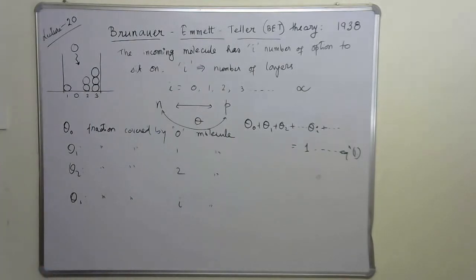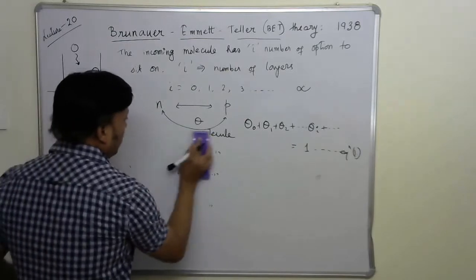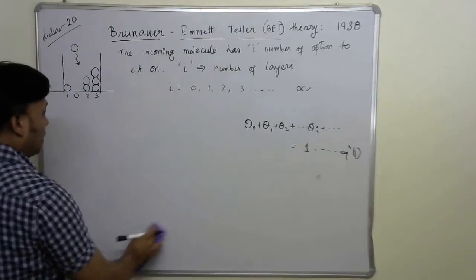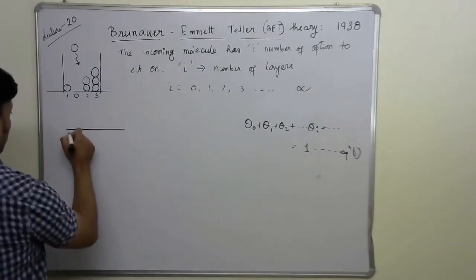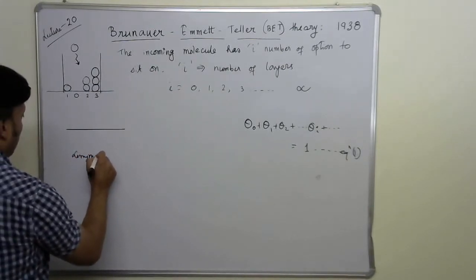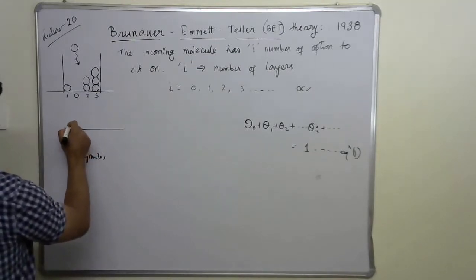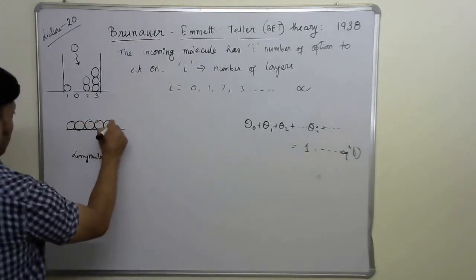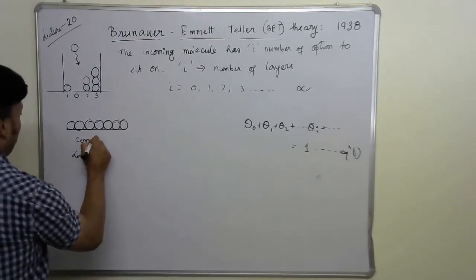Not only that, we now have to understand the significance of theta 0. Now let's think about Langmuir's model. In Langmuir's model, whenever we have a complete monolayer, that means only one molecule is sitting on the surface and the monolayer is complete.